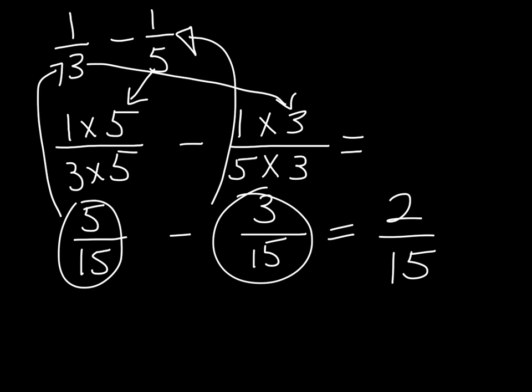My last step is to look at my numbers and see whether or not they are in simplest form. 2/15, I can see that it is in simplest form because one number is even and one number is odd, so I know that 15 cannot be divided by 2, and 2's only factors are 1 and 2, so they can't have any factors in common.